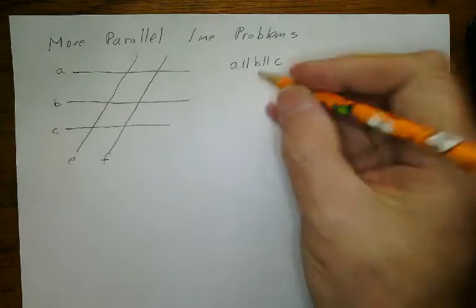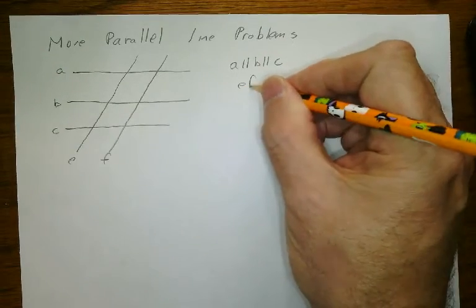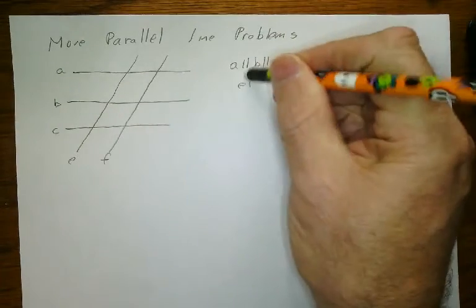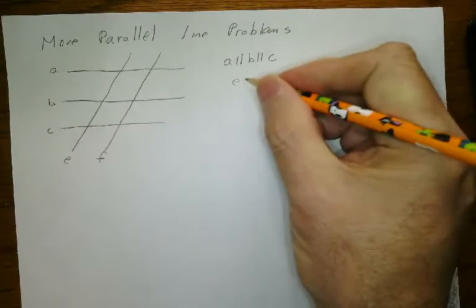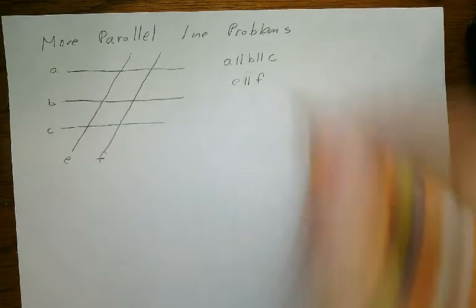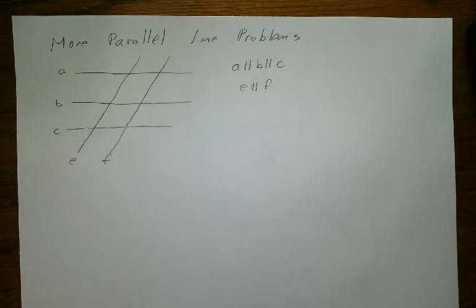And then also, let's say E is parallel to F. Now, technically, as you know, I need to draw arrows on those lines, but I'm not going to bother with that right now just to save some time.